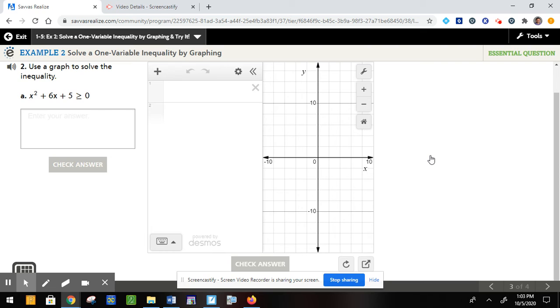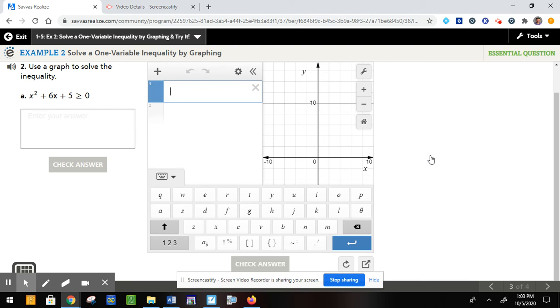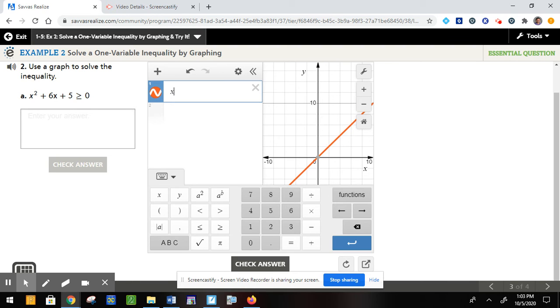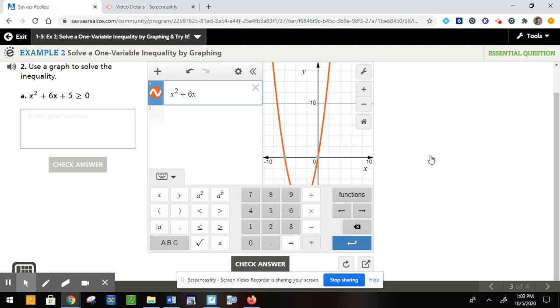For this one, we're going to graph x squared plus 6x plus 5. And then it's greater than or equal to 0. So that's just anything above the x-axis. So where is it above the x-axis?